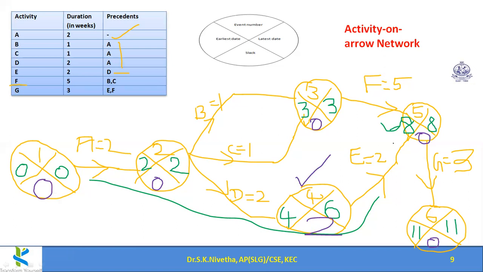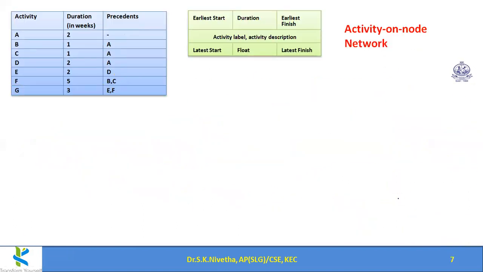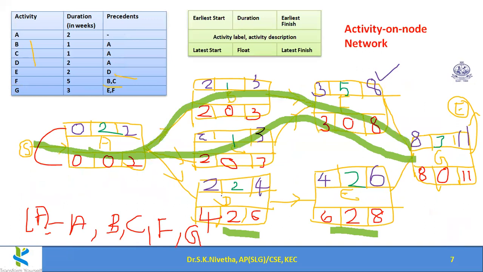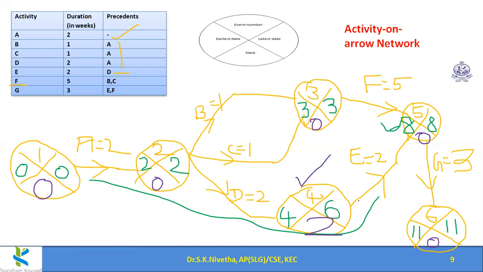All others are critical activities. So in the previous diagram, activities D and E resulted as non-critical activities. Here, you could see the event where D and E join is not a critical event.